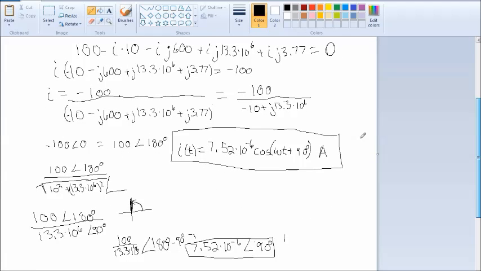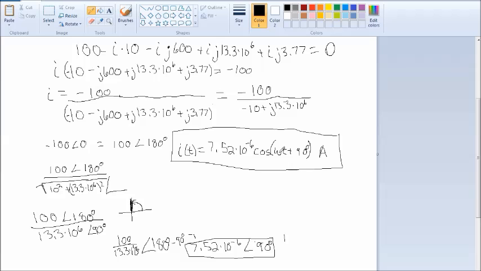So A, we have our answer for our current. Now, what we like to do, I wouldn't call this times 10 to the negative 6. I would say 7.52 cosine omega t plus 90 degrees microamps.